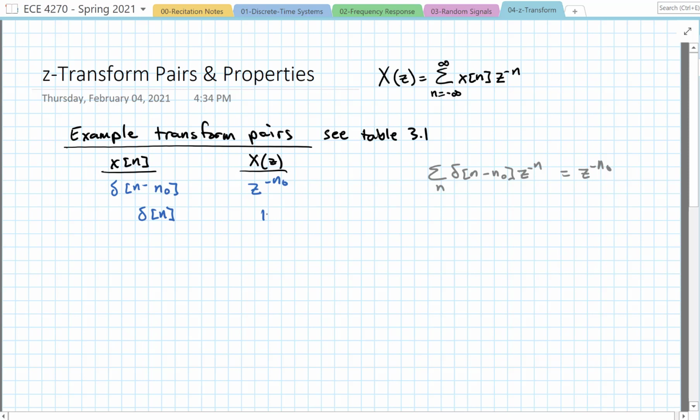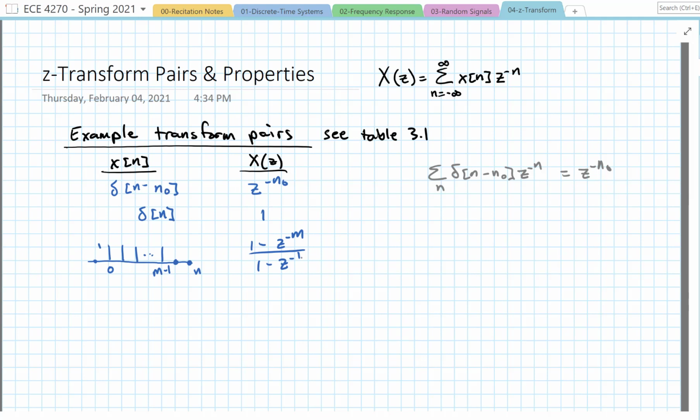It's essentially the identity. What happens if you have a signal that is only non-zero between 0 and m minus 1? We can use the summation formula we developed on the previous lecture to give us 1 minus z to the negative m over 1 minus z to the negative 1 for this one.